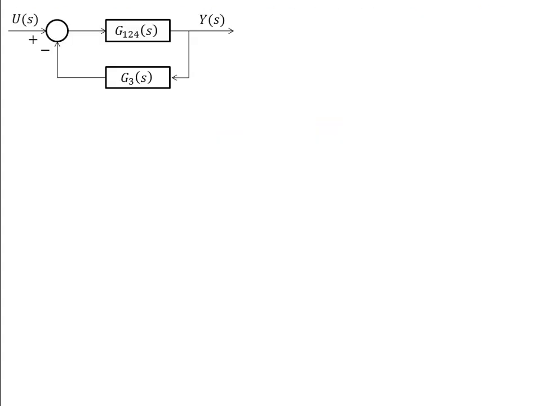After applying this, the resultant transfer function will be a negative feedback: in the feedforward path we have G124(s), and in the negative feedback we have G3(s). Using the negative feedback loop equivalent, we will have G1243 equal to G124 over 1 plus G124 G3.